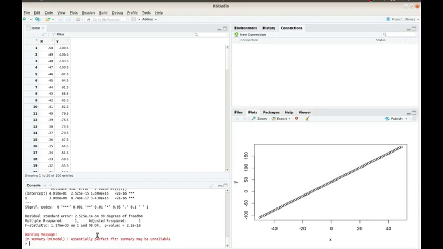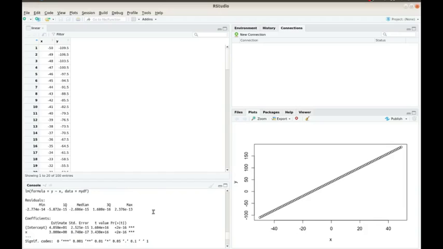We could see from here that the t-value is infinitely high. The standard error is basically 0, and the probability of the absolute value of t being greater is basically 0, with a significance of 3 stars, which suggests that it's a perfect fit.